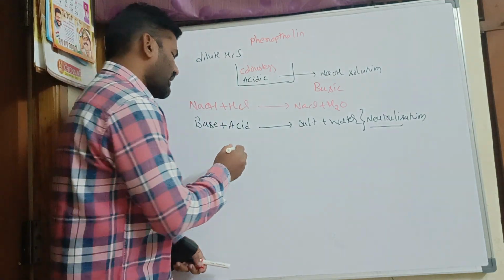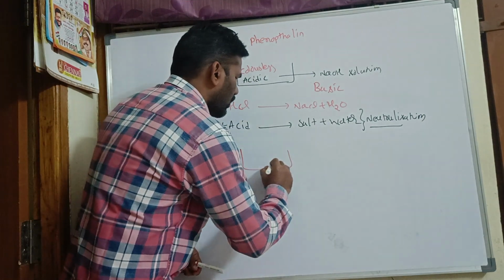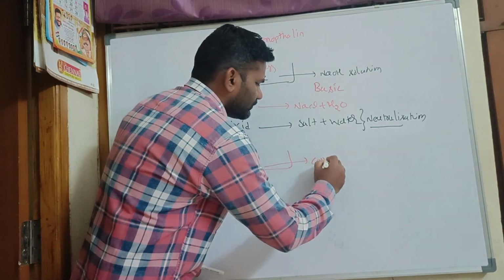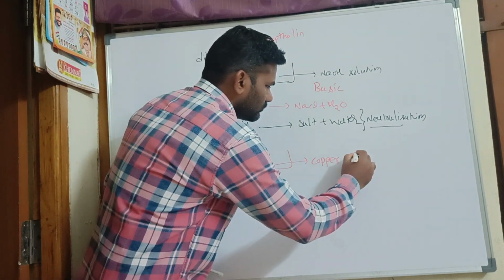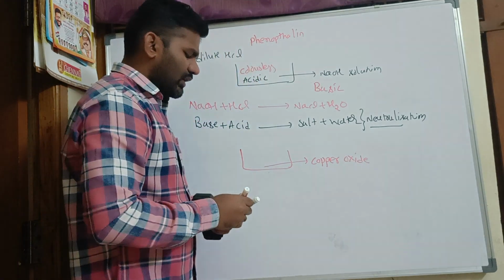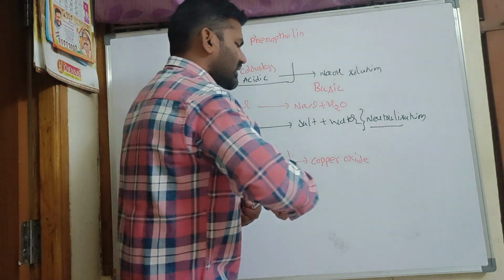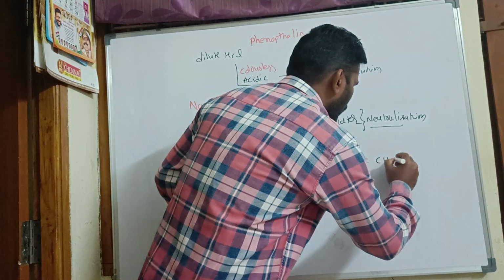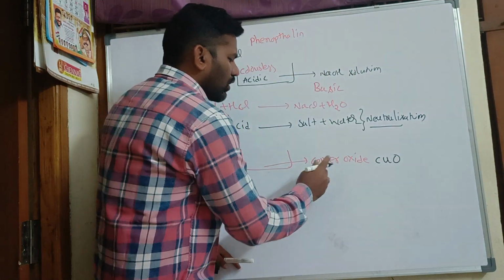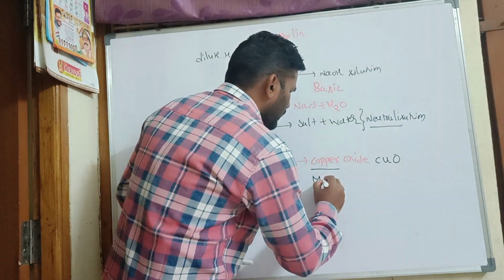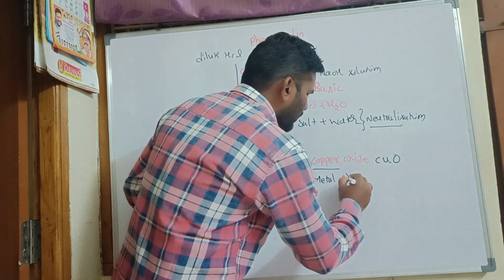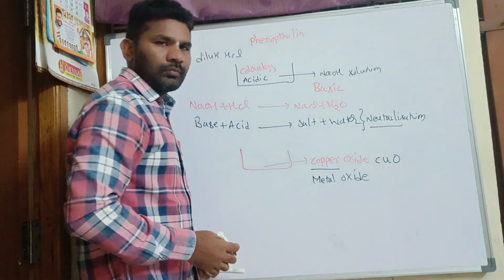In a watch glass, I am taking a copper oxide. We know that the formula of copper oxide is CuO. Here copper is a metal, so I am taking a metal oxide.